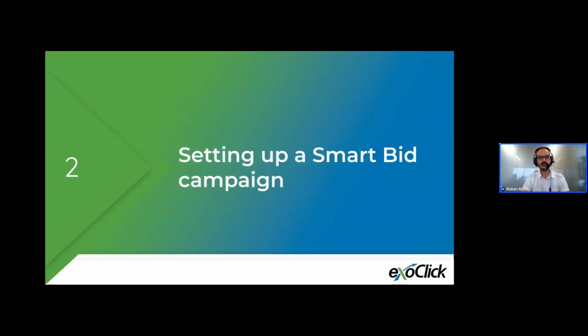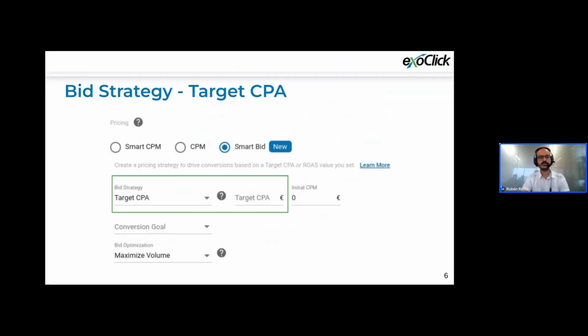Now let's take a look at the various settings of a SmartBid campaign. The first thing that we decide when creating a SmartBid campaign is the bid strategy. As mentioned before, we have two different bid strategies, the target CPA and the target ROAS. Now I'm going to focus on the target CPA. When creating a target CPA campaign, you need to specify, of course, the CPA that you want for that campaign.